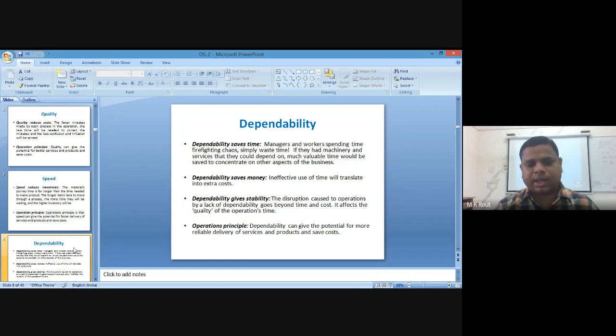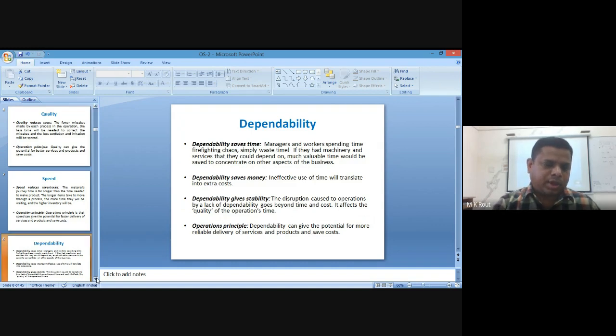It also directly affects the quality of operation time. And for this particular point, the operating principle applied is that dependability can give the potential for more reliable delivery of services and product, and it also saves cost.